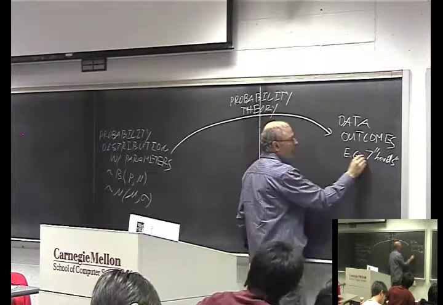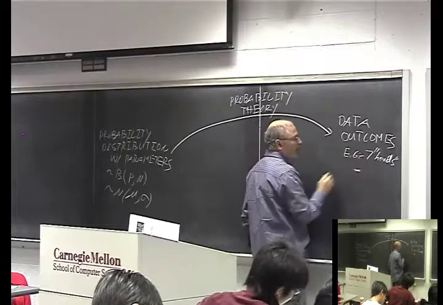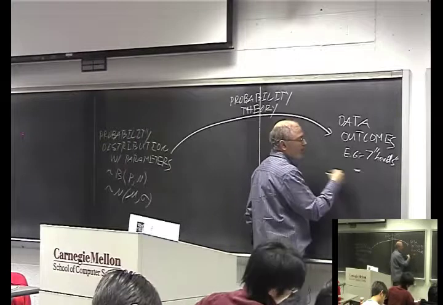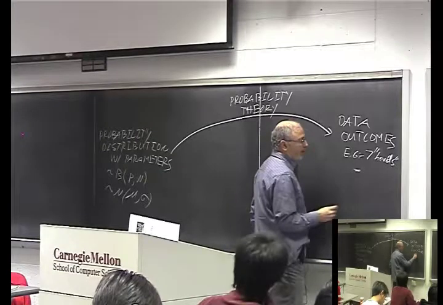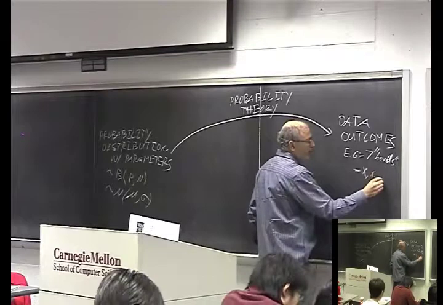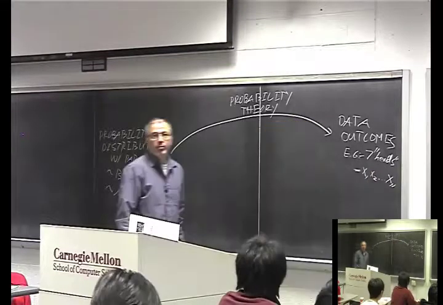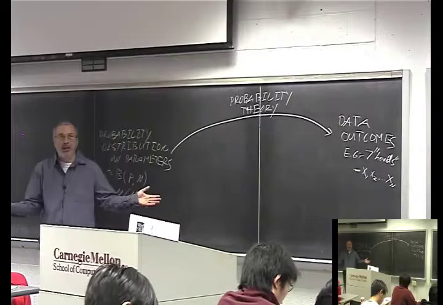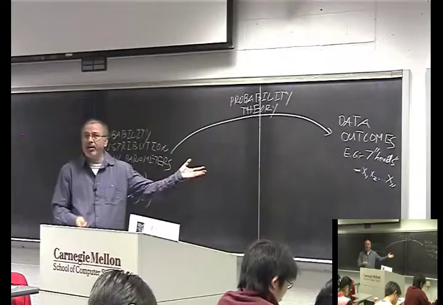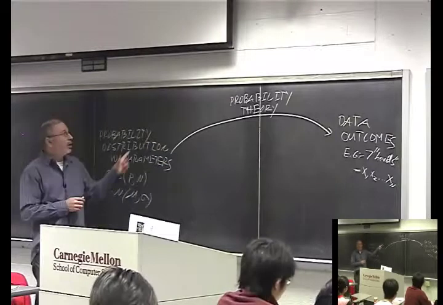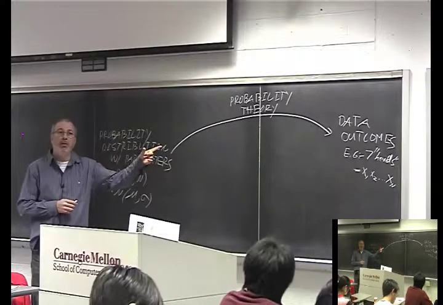Or in the case of a normal distribution, some set of real values, x1, x2 through xn. Or in the case of some other distribution, it will be something else. There will be some particular data set that came out of sampling from this distribution. Okay? This is called probability theory, and it's basically math.